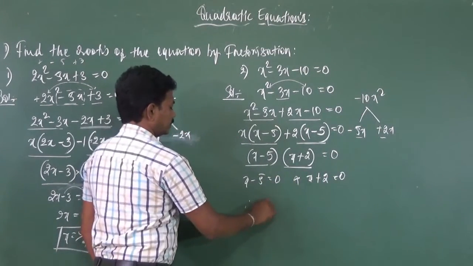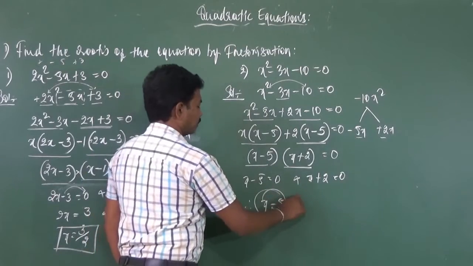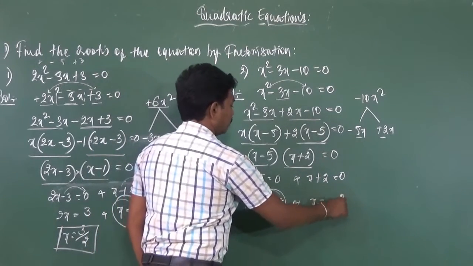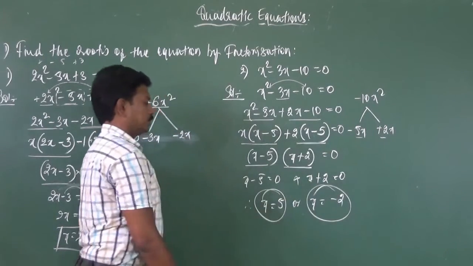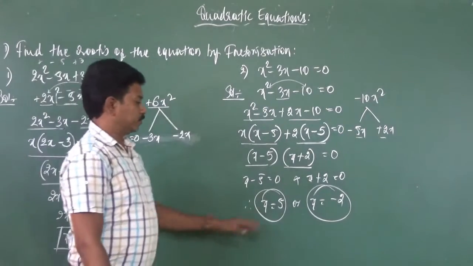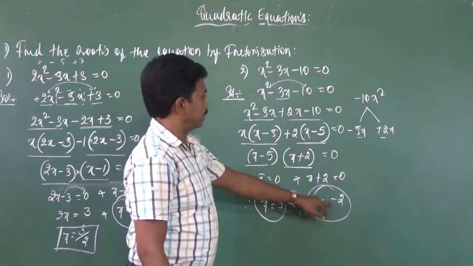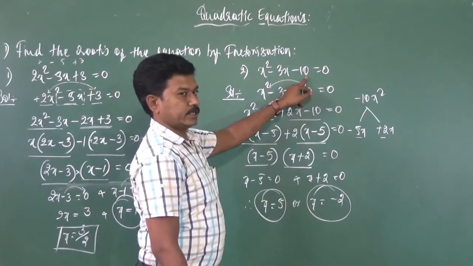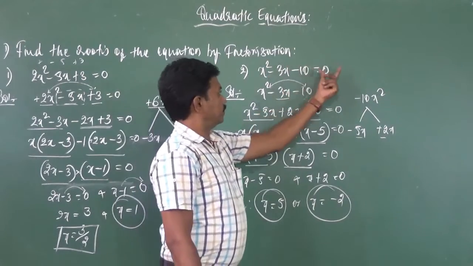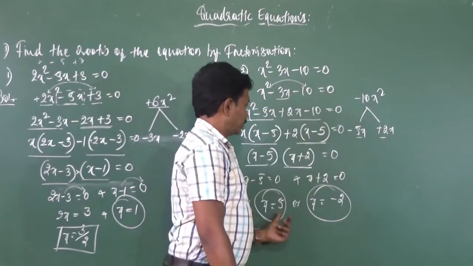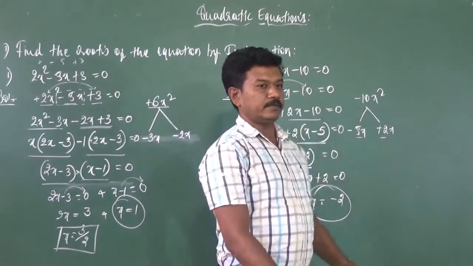Therefore x is equal to 5 or x is equal to minus 2. So these are the two roots. If you substitute 5 or minus 2 in this quadratic equation, it will become equal to 0. So therefore they are called the roots of that quadratic equation.